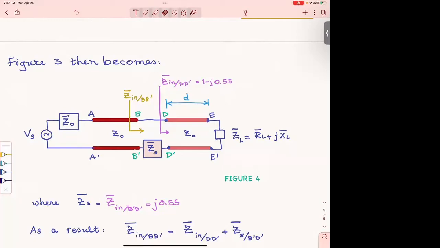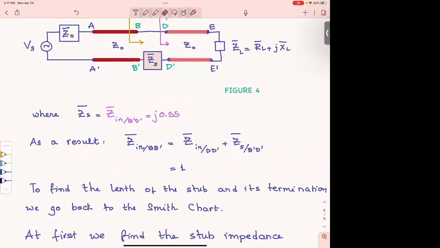Why is that? Because when I look at the Z input at BB prime, it's going to be the series combination of ZS normalized plus Z input at DD prime. It's going to be the sum of these two impedances. So if I choose my Z sub S to be plus J.55, the sum of the two, which is the impedance at BB prime, is going to be 1.